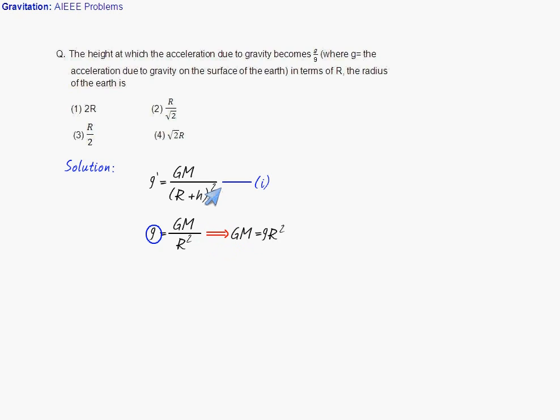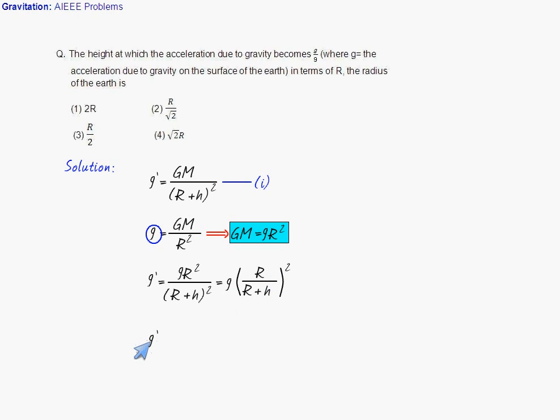Substituting this in equation 1, what will we get? g dash is equal to gR square divided by (R plus h) whole square. This can be written as g times (R by R plus h) whole square.